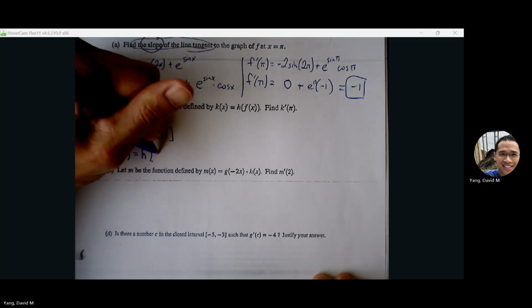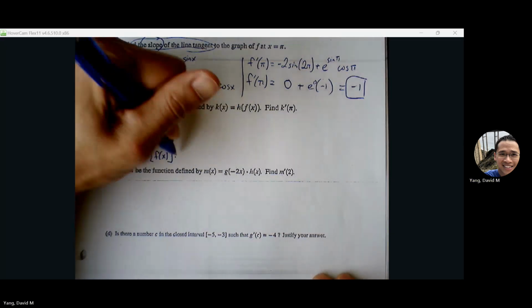Outside derivative times inside derivative.